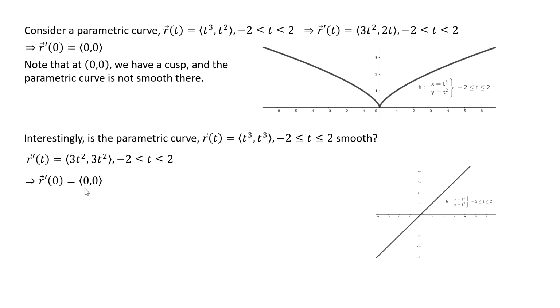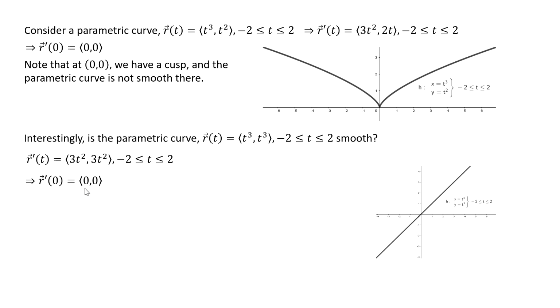There's something called a unit tangent vector. You wouldn't be able to tell which way that unit tangent vector is. Even though there is no sharp corner, it appears to be visibly smooth. Technically, this parametric curve is not smooth.